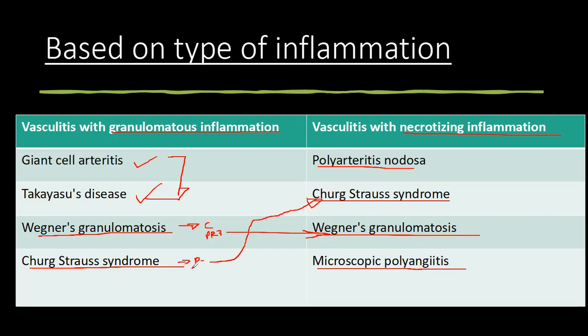They display both granulomatous and necrotizing inflammation, but the predominant form of inflammation will be granulomatous. Okay, so granulomatous is predominant in these two, but they also show necrotizing inflammation.